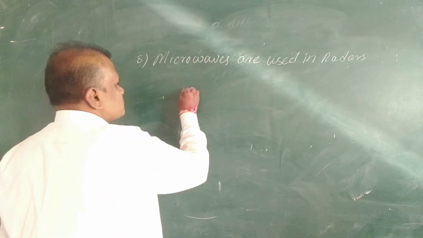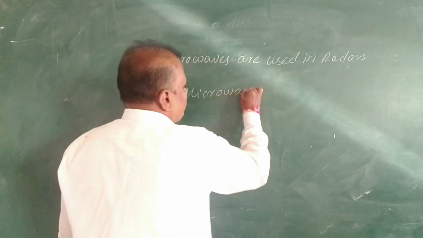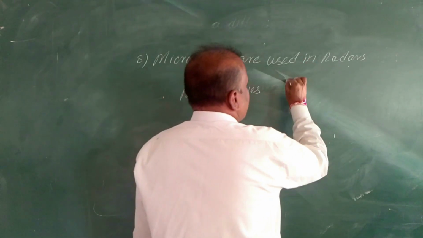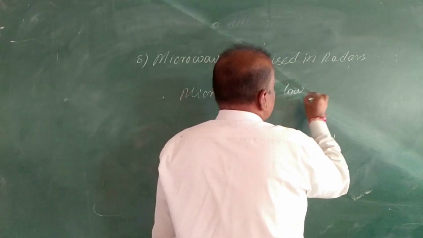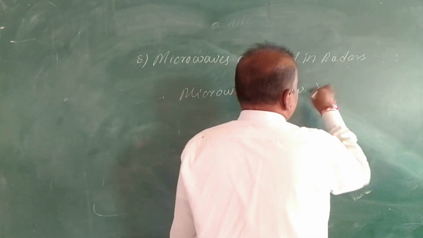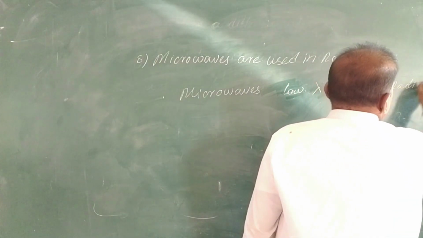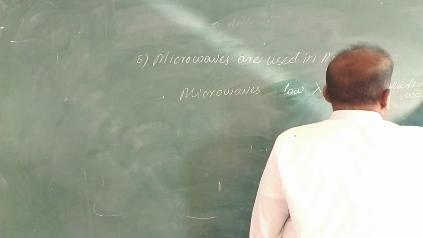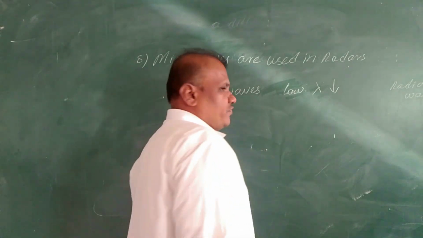Microwaves have high frequency or low wavelength, when compared with radio waves. In the case of radio waves, the wavelength will be maximum, whereas microwaves have low wavelength.